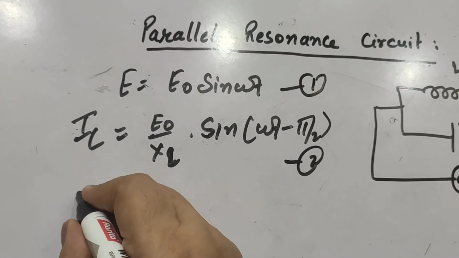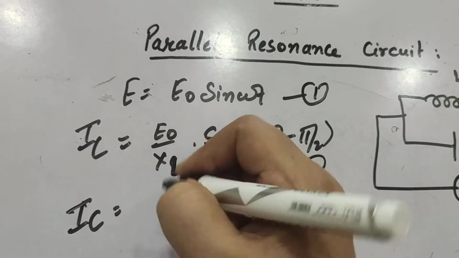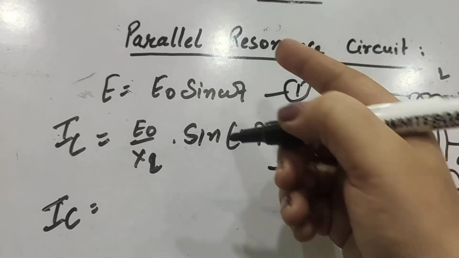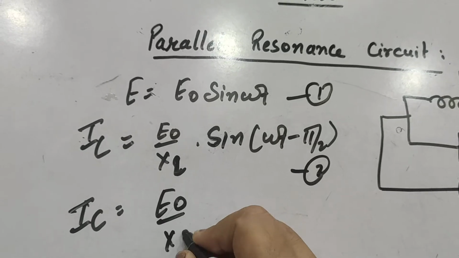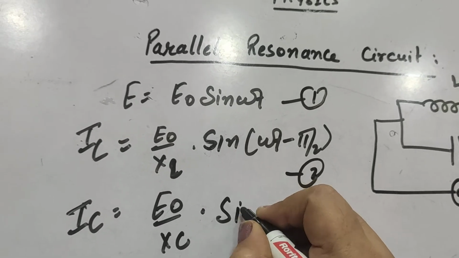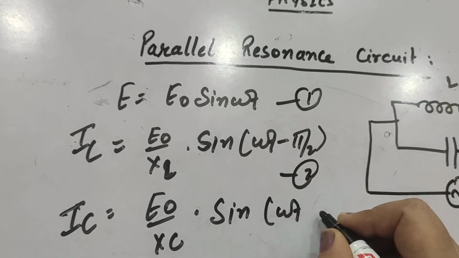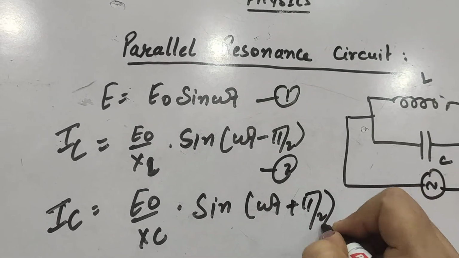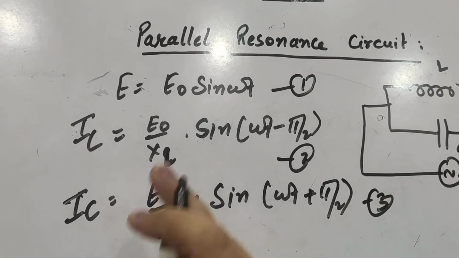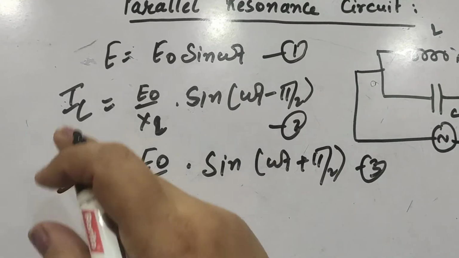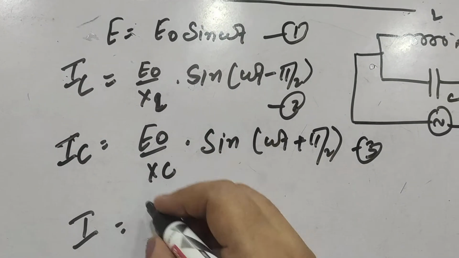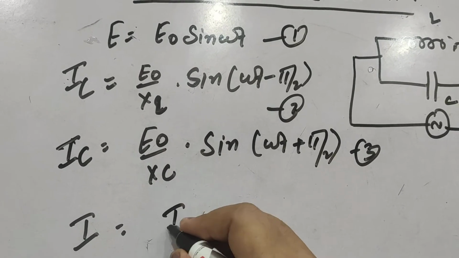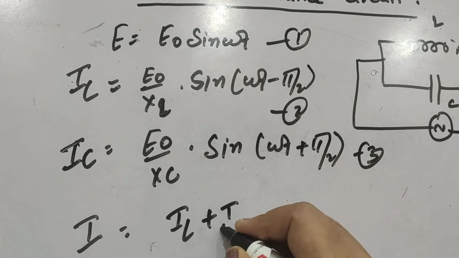And in the case of a capacitor, the current is leading the voltage by pi by 2. So this is E naught by XC into sine of omega t plus pi by 2. Give it number 3. Now the total current can be found by adding 2 and 3. So the total current I in the LC circuit is given by IL plus IC.